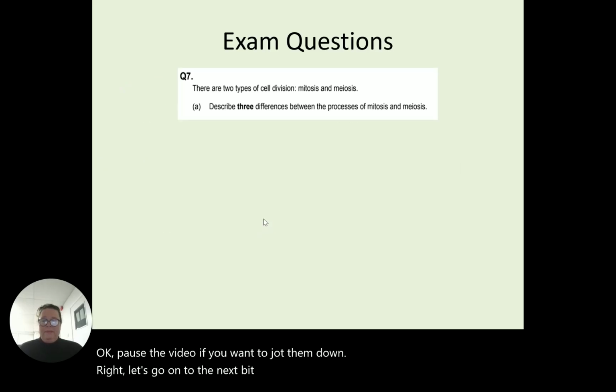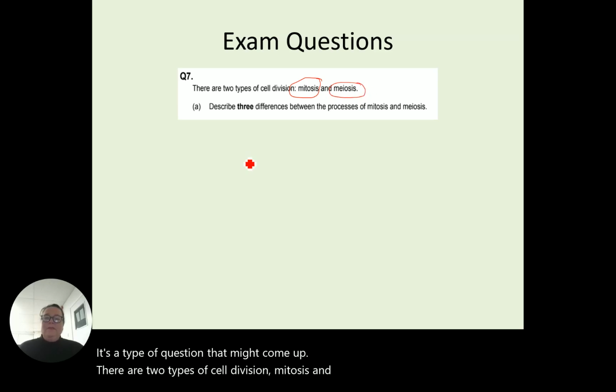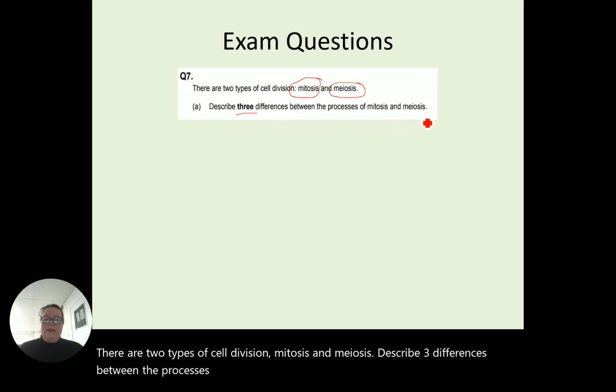So this is the type of question that might come up. There are two types of cell division, mitosis and meiosis. Describe three differences between the processes of mitosis and meiosis.